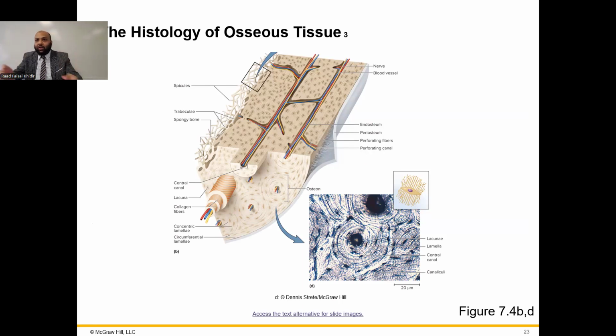You have cement and steel, so the cement is the strong part. Through the cement, what do you have? Pipelines of what? Plastic, water. You also have electricity wires going through. Okay, and you have the heater and the AC. So the same thing is going to go through the bone tissue.